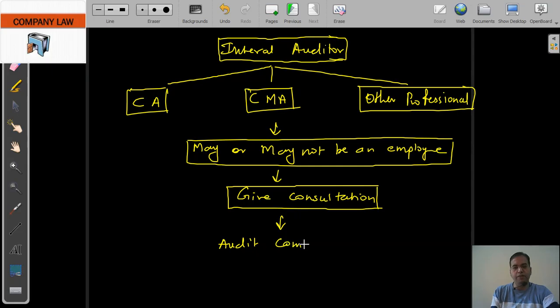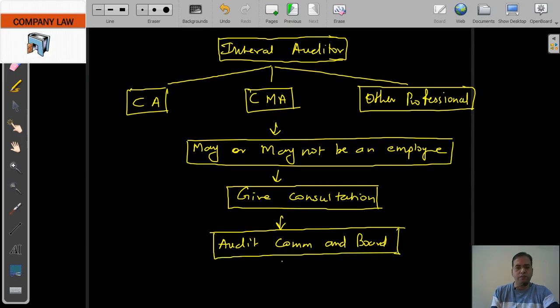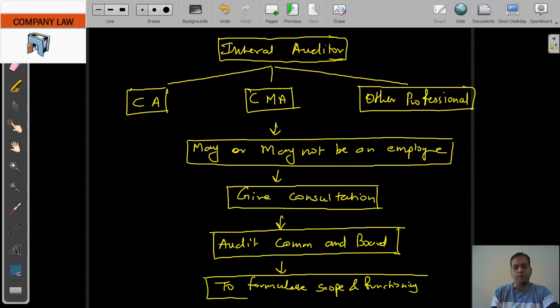Audit committee and board. And to formulate scope and functioning of internal audit.